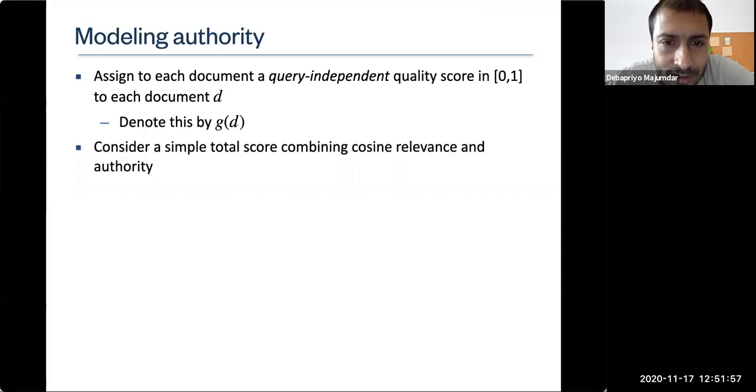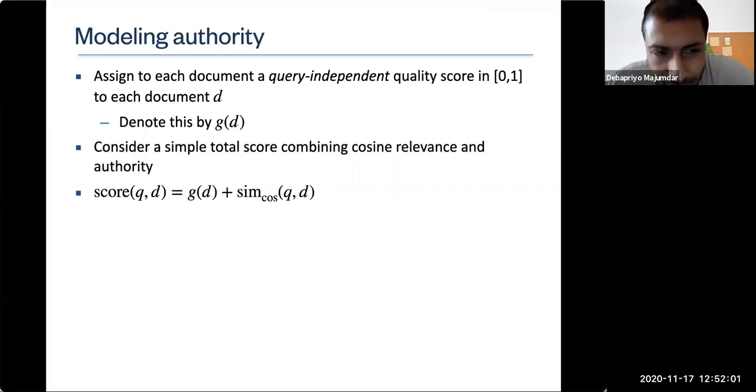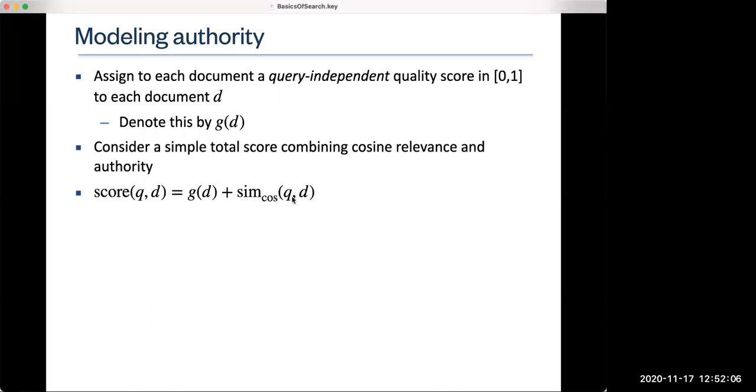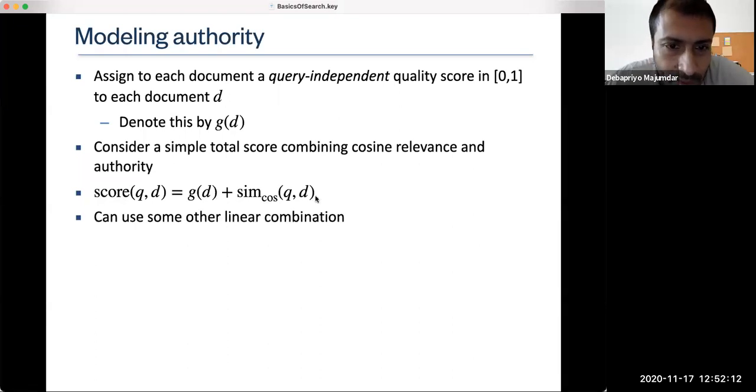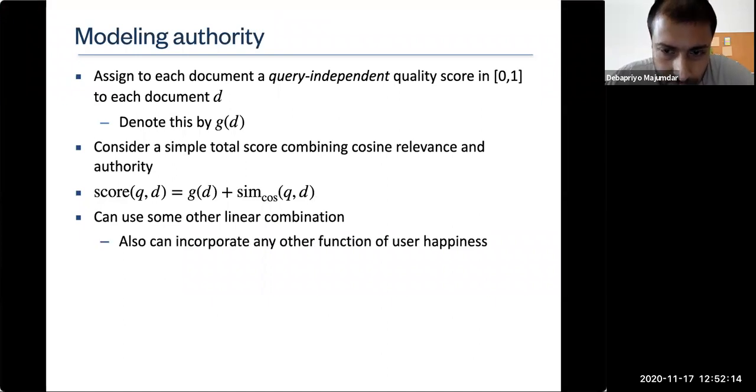Then a total combination can simply be the score for query q and document d: g(d) plus the cosine similarity or something like that. You can also do alpha times this plus beta times this kind of a thing. Or you can also incorporate other functions of user happiness, and personalization in here.